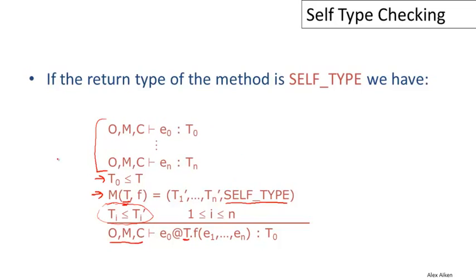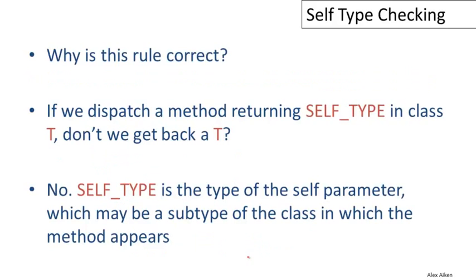And then the only thing that's kind of curious about this rule is that the result type here is again T0. And why is that right? It could have been a T. It could have been the type to which we statically dispatched. And it's not, because self-type is the type of the self parameter.